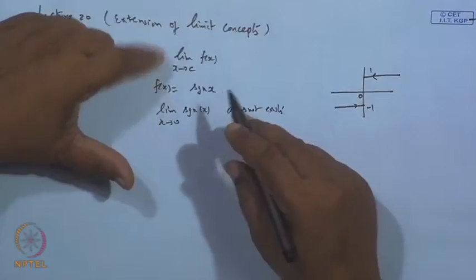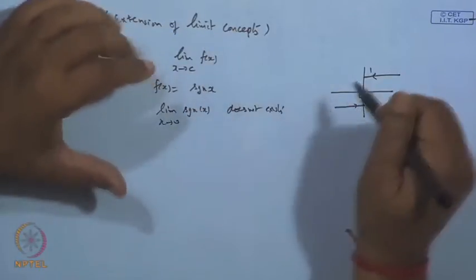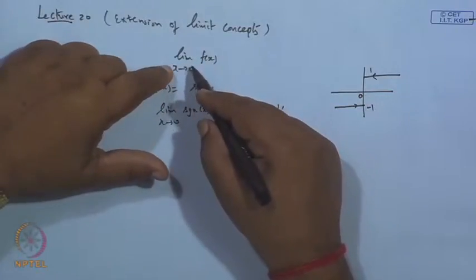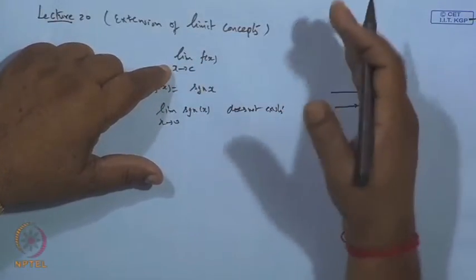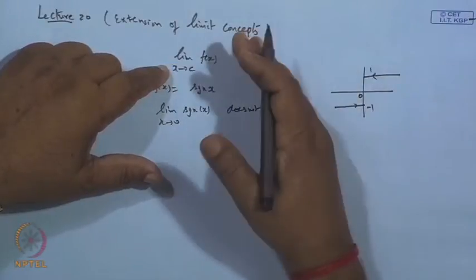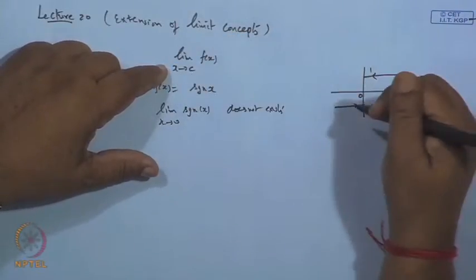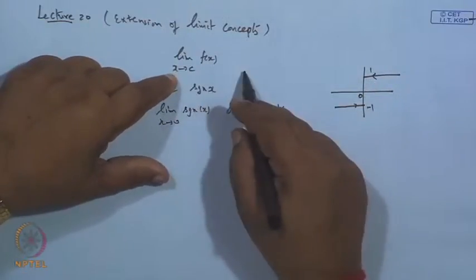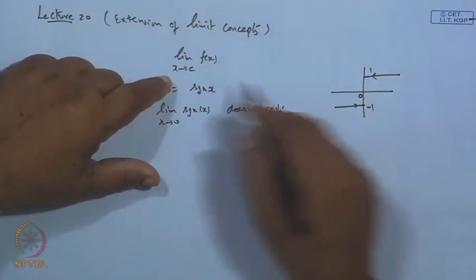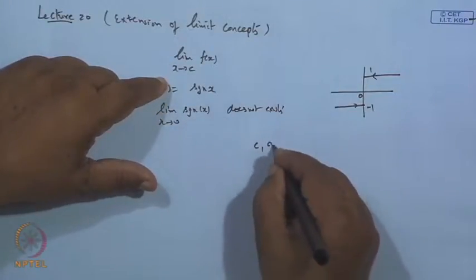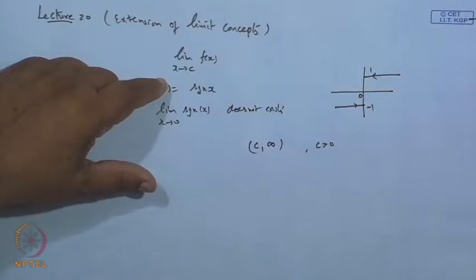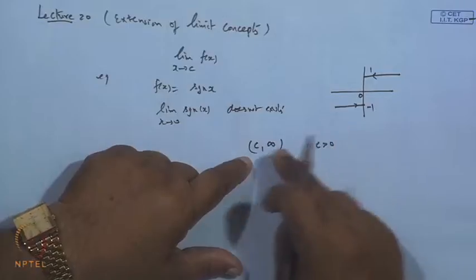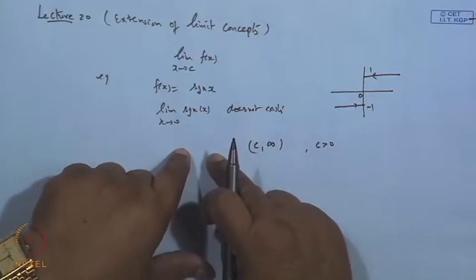However, if we consider only the set A over which the limit is taken, which lies either on the right hand side of 0 or on the left hand side of 0, say if I take c greater than 0, meaning the interval (c, infinity), and find the limit of f(x) over this interval where c is positive, then the right hand limit exists, because there is no scope for going below this.